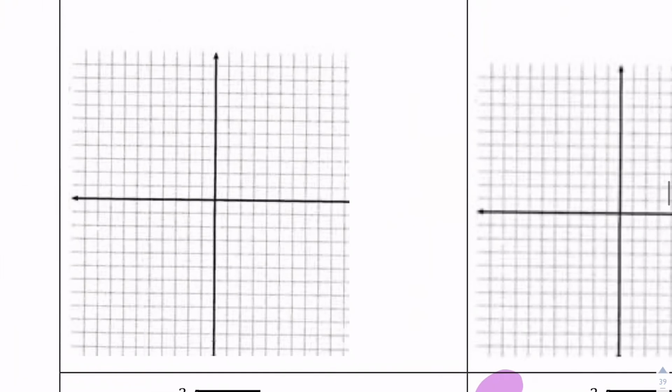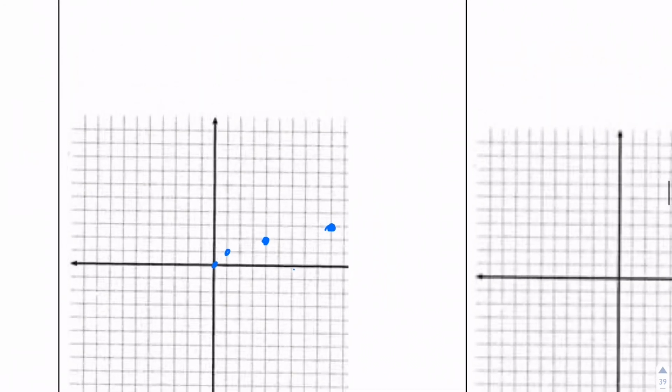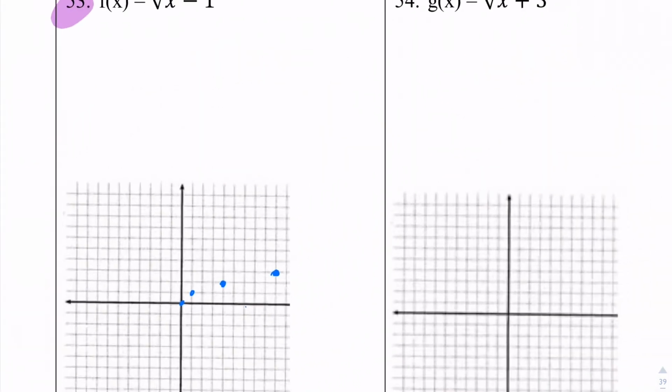Let me blow this up here. So 0, 0, 1, 1, 4, 2, and 9, 3. All right, I'm not going to connect those. I'm not going to draw on my curve yet because now I'm going to ask, what impact does that minus 1 have?